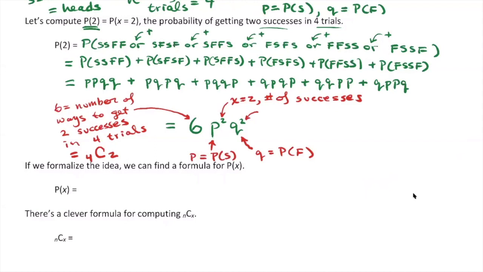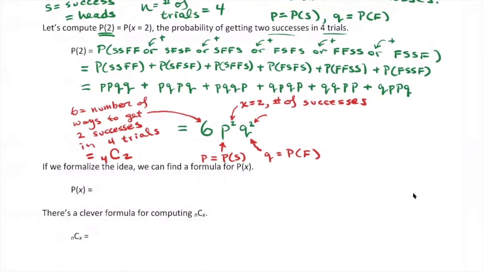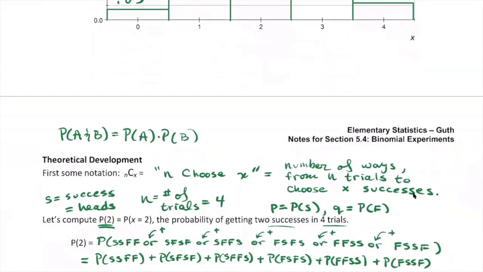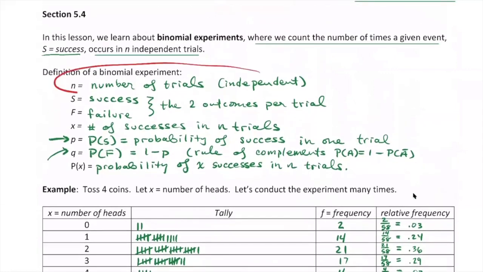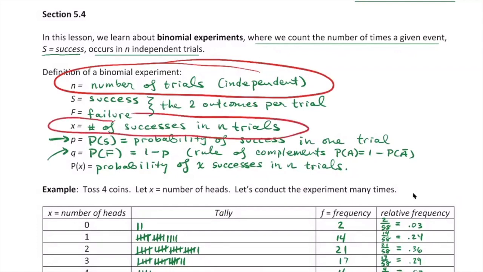Now, the number of failures doesn't have a variable for it. Okay, just to go back up to the top here, n is the number of trials, x is the number of successes, so n minus x is the number of failures. Just subtract the number of successes.